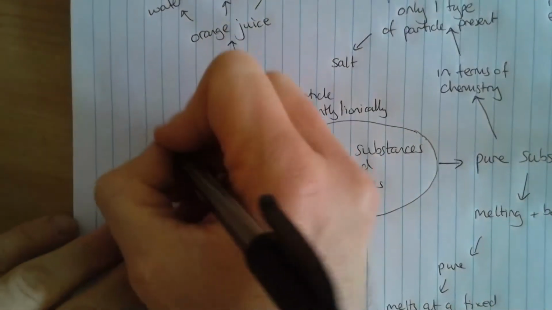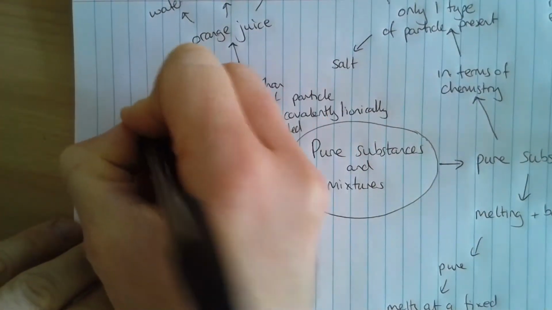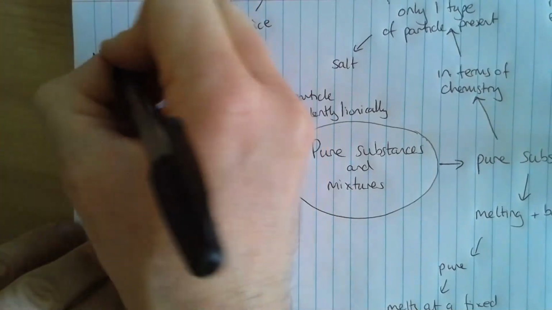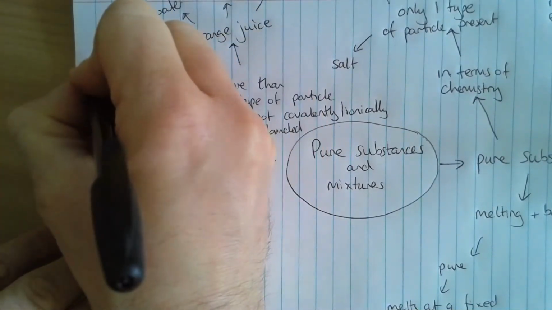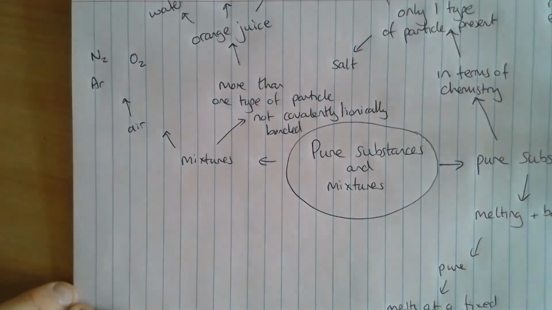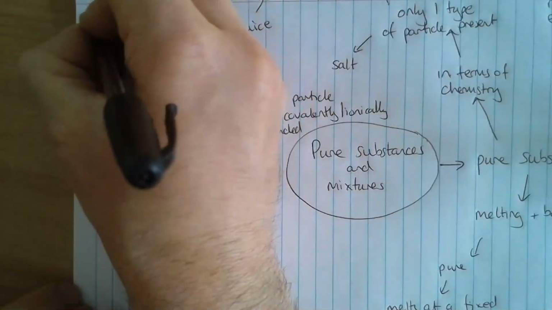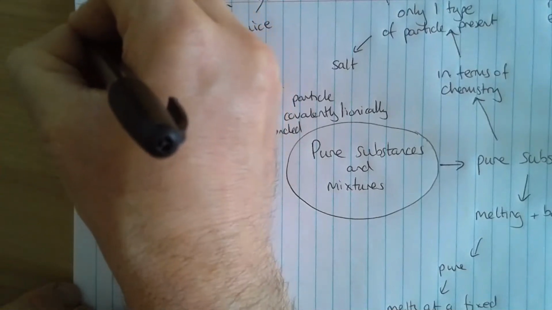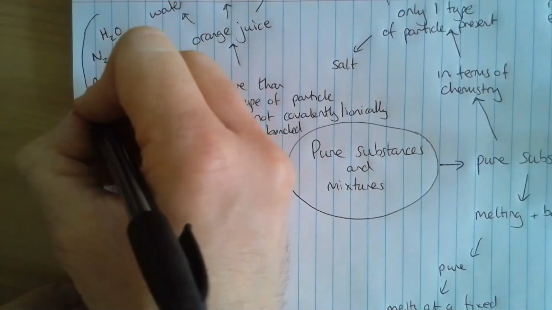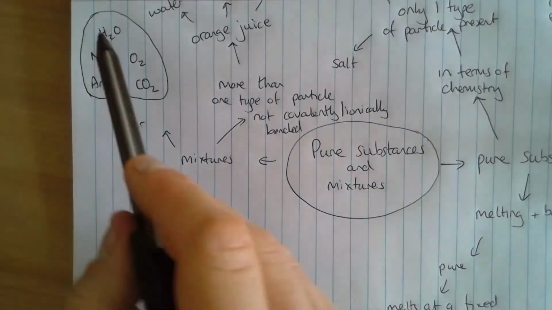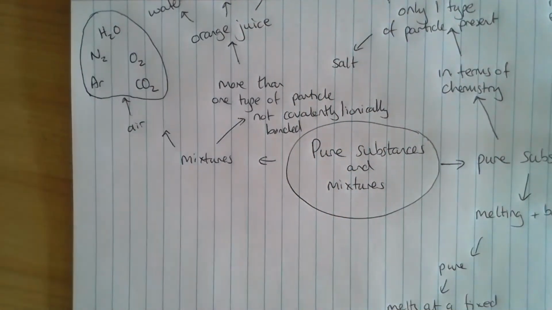Another example of a mixture is air. Air contains nitrogen, quite a lot of nitrogen, oxygen, a very small amount of a gas called argon, a very small amount of carbon dioxide, and a small amount of water vapor. So air here is a mixture because we've got all these different types of particles that are not covalently or ionically bonded to each other.